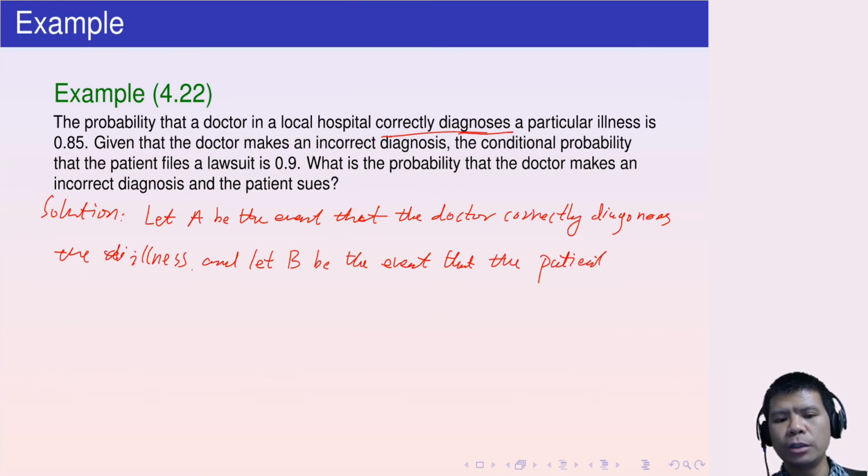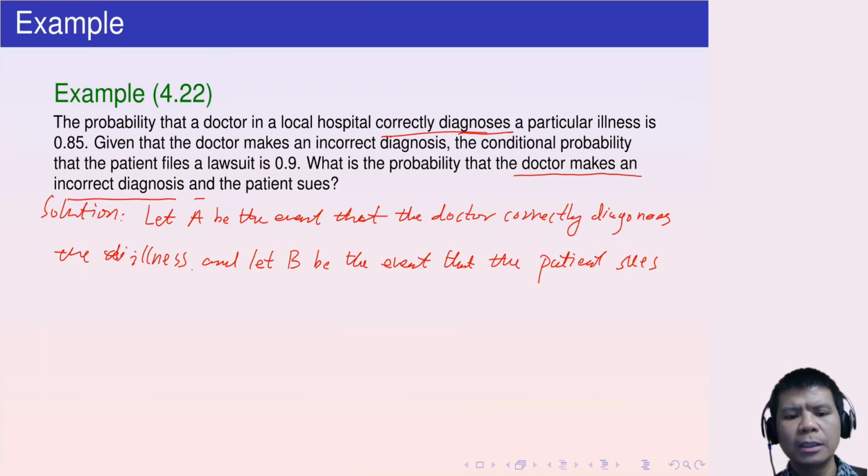Now, what we are trying to ask is the probability that the doctor makes an incorrect diagnosis and the patient sues.